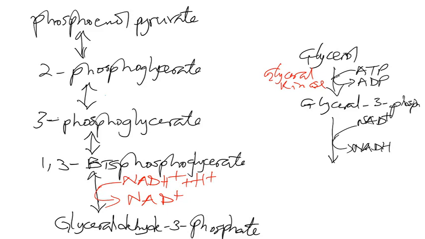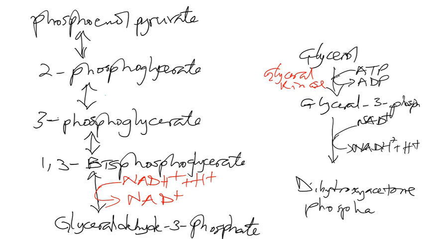The product of this is dihydroxyacetone phosphate, which is abbreviated as DHAP.